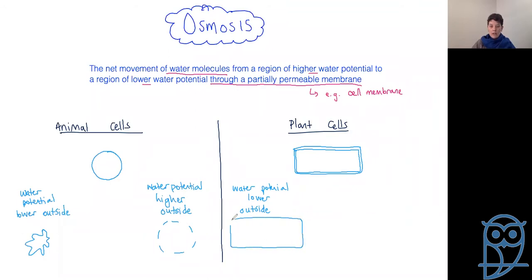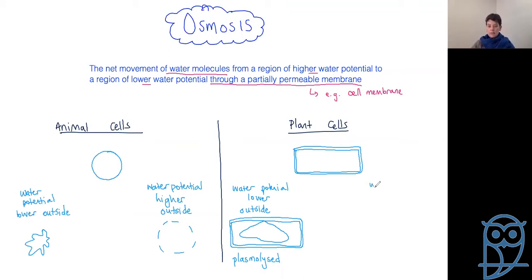So nothing happens to the cell wall, it stays exactly the same. But the contents of the cell, the cytoplasm surrounded by the membrane, is going to shrink. So we end up with a smaller contents, that's your cell membrane, and it's no longer stuck to the outside of the cell. And we call this cell, it's so important, it actually has a special name, plasmolysed. So plasmolysis has occurred and the water has left.